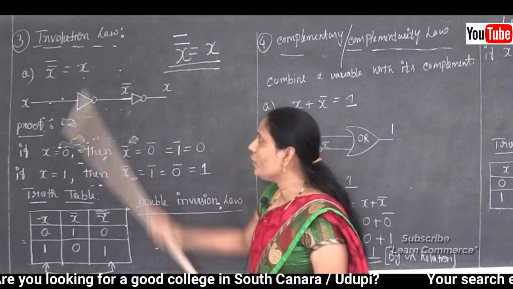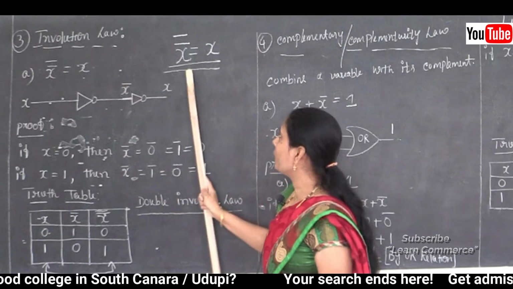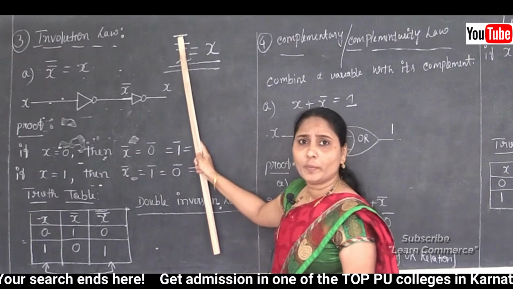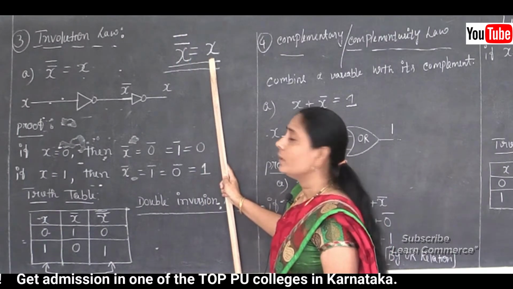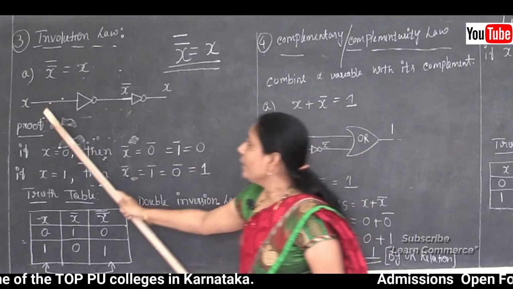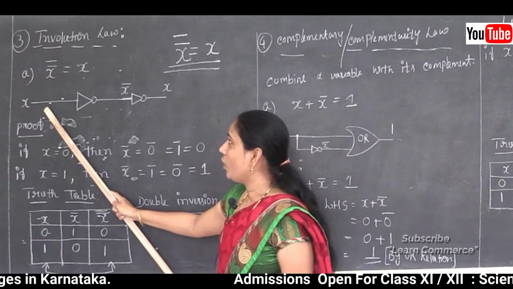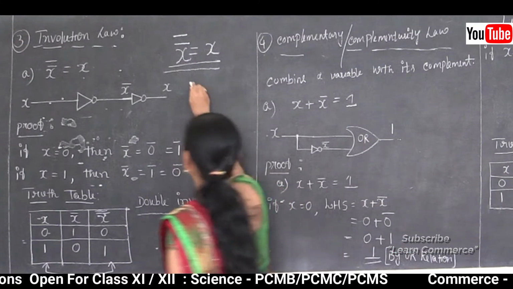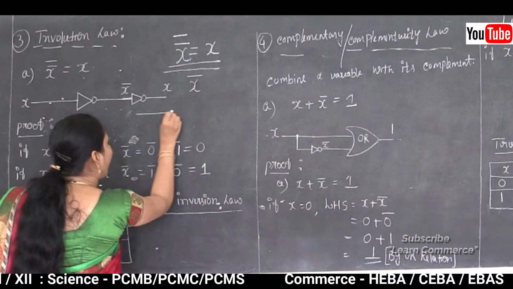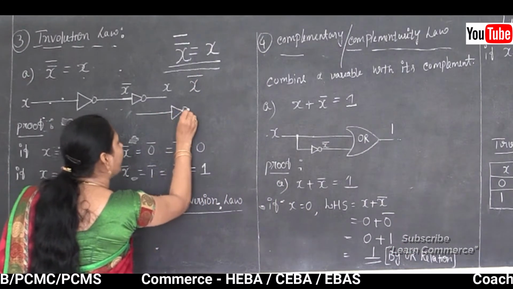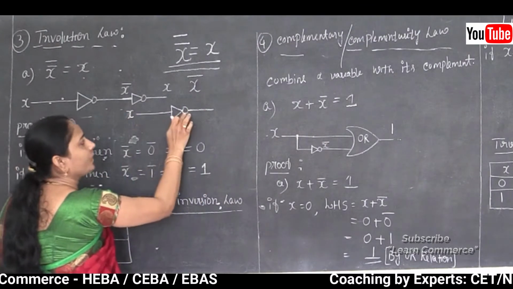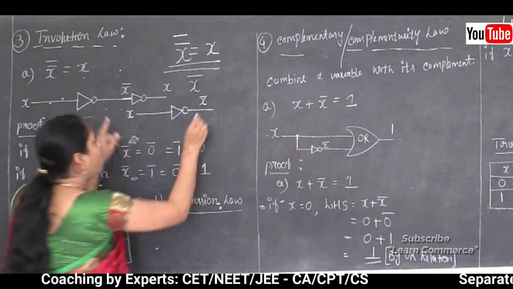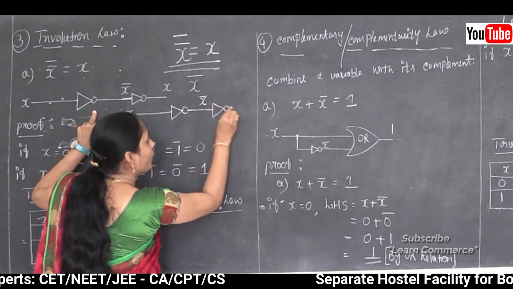This law is written as the complementation of x, complemented twice, gives the x value only. Now this is the symbol of the involution law, x not. Clear this point? First I complement x, giving the complement of x, and again we need to complement the variable.